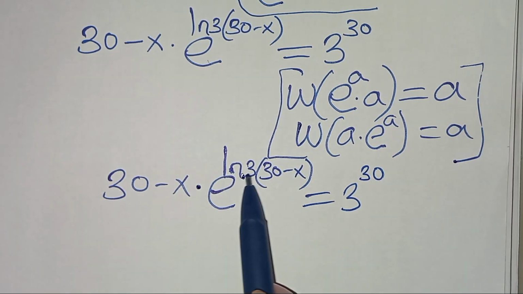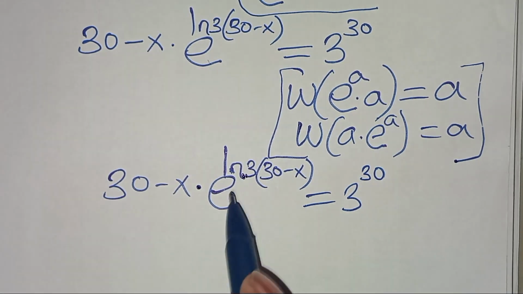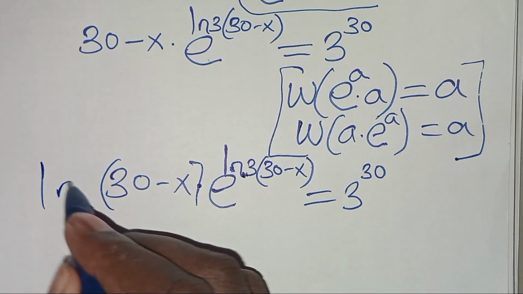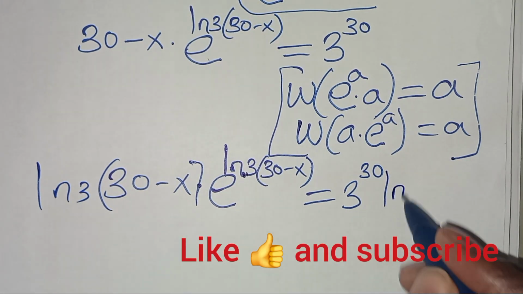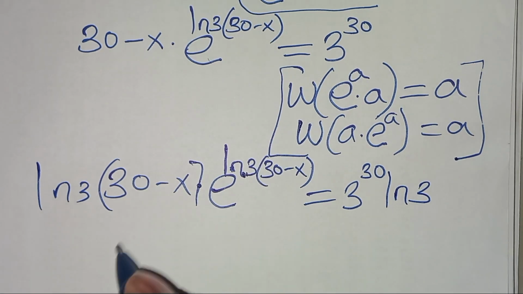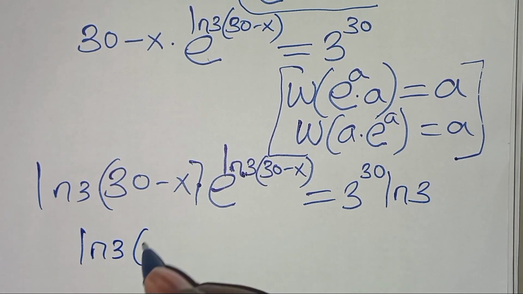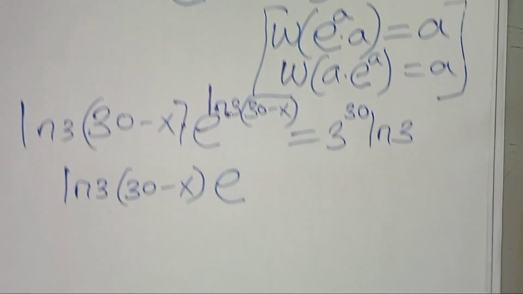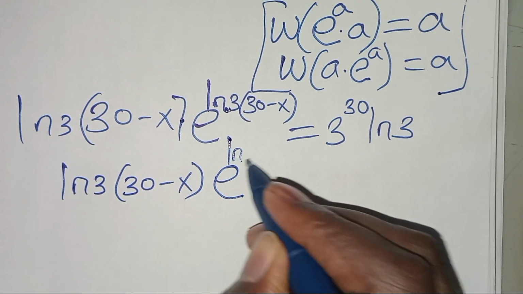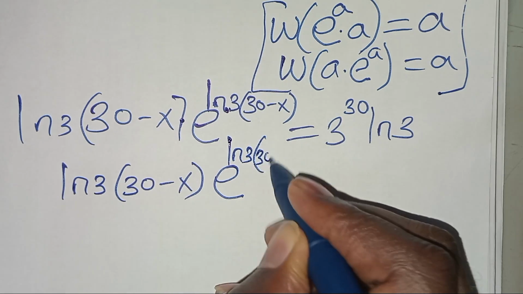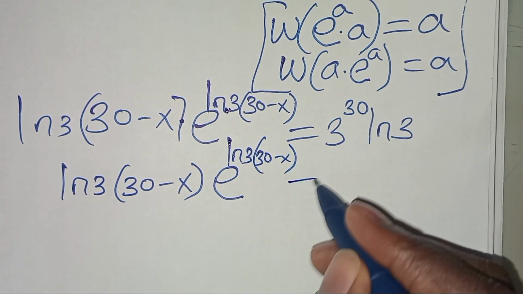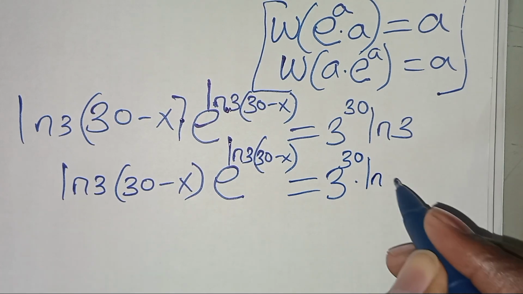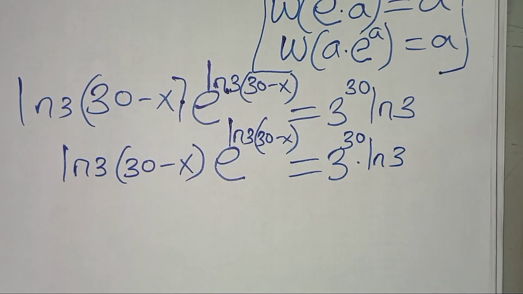Okay, so applying this property, you find that we multiply both sides by natural log of 3, so that now we have natural log of 3 times 30 minus x, e to the power of ln 3 times 30 subtract x, this is equal to 3 to the power of 30 multiplied by natural log of 3.